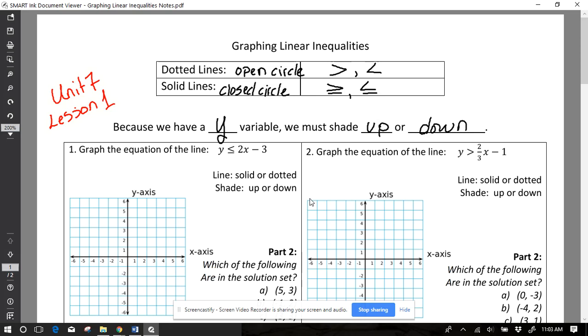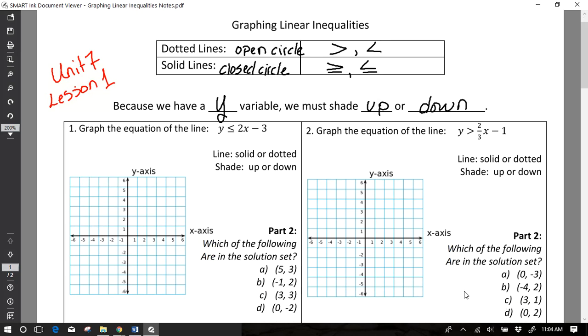As soon as you have two variables introduced, your x-axis and your y-axis, at that point, we then start having lines, okay? Also, what is different because we have a y variable is our shading. Because the y-axis goes up and down, then our shading must go up and down.